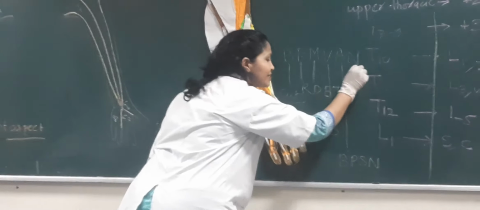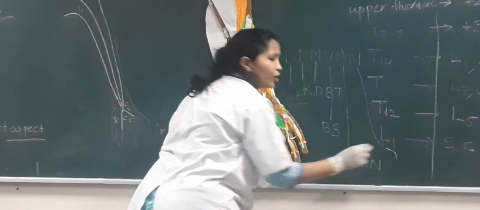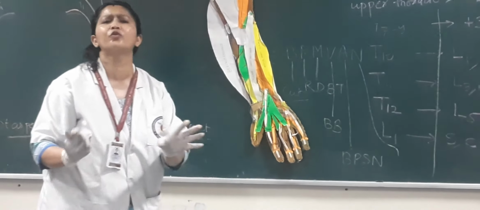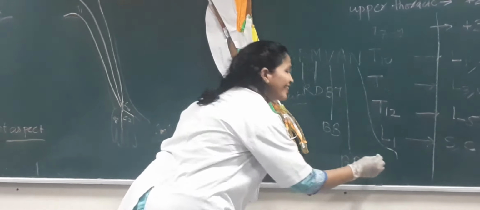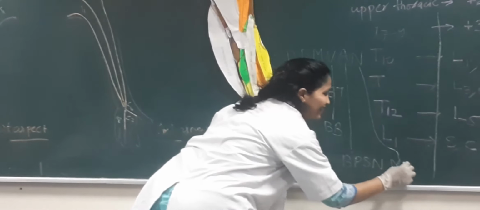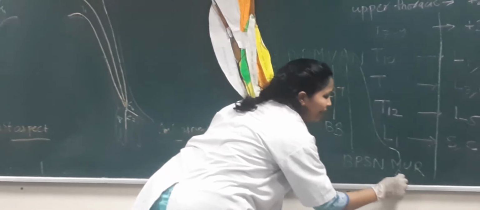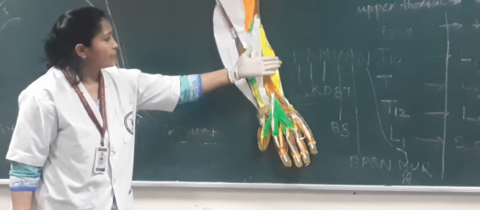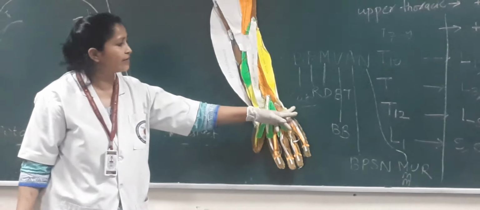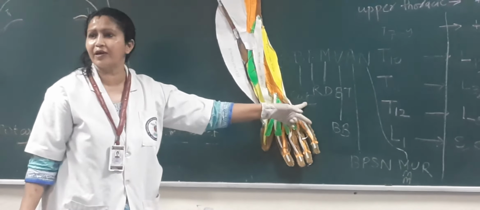Nerve of whom is children, who usually eat kurkure or murmure. Somewhat like that. So murmure, M. So the cut section goes from circular to triangular.